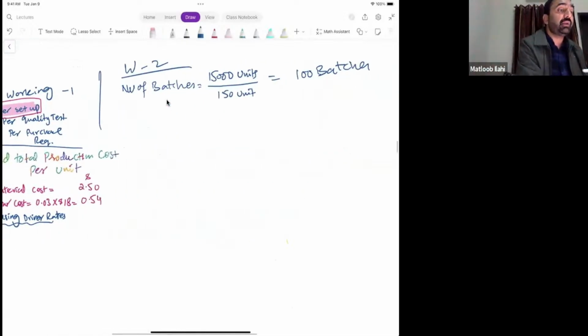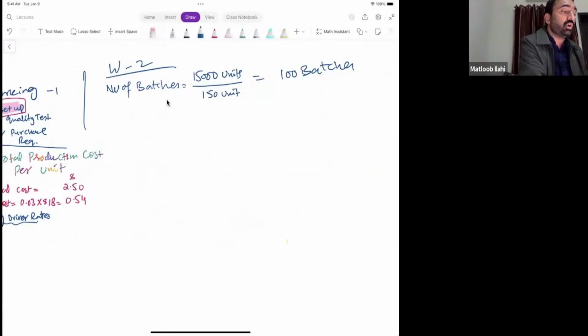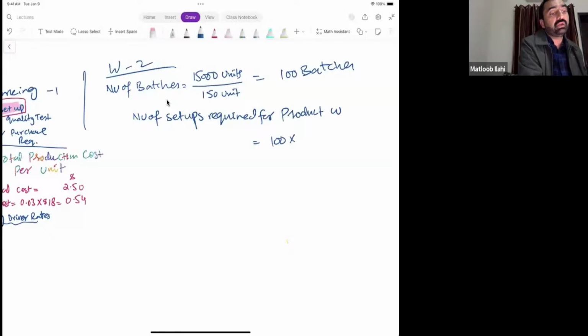So if there are 100 batches, number of setups required for product W is equal to 100 multiplied by 1, which is 100 setups.